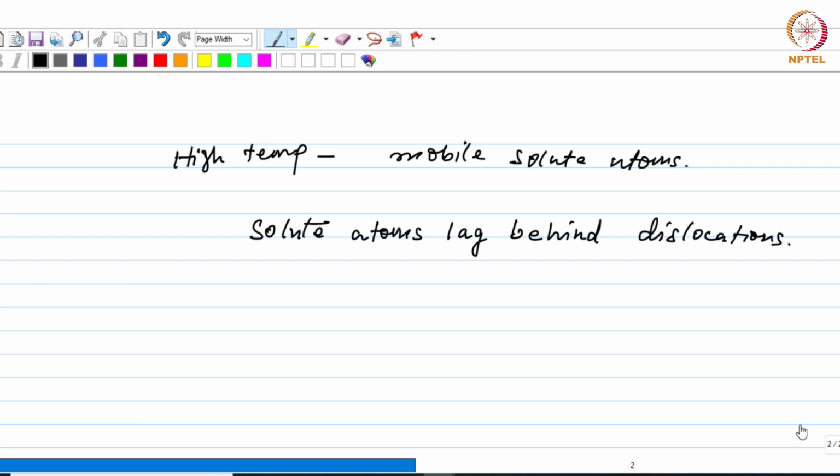So as the dislocation moves, there is an interaction stress which makes it difficult for the dislocations to continue their movement. And therefore, this stress has to be overcome for the dislocations to continue their journey. And this stress is a function of the dislocation velocity.